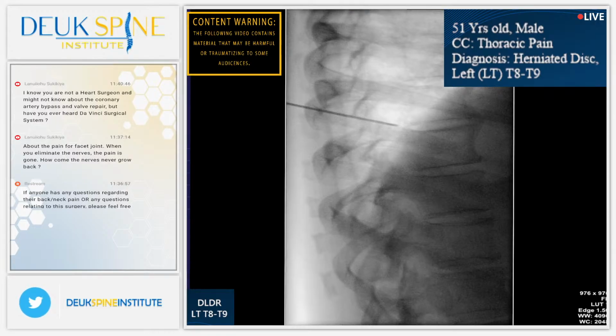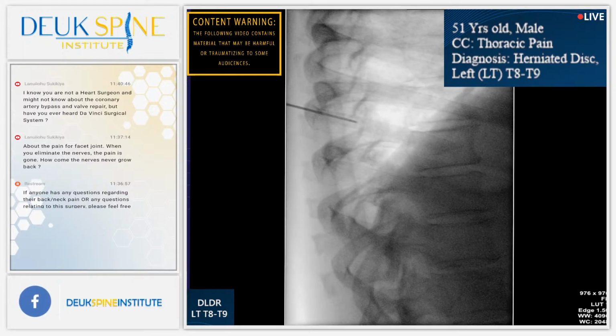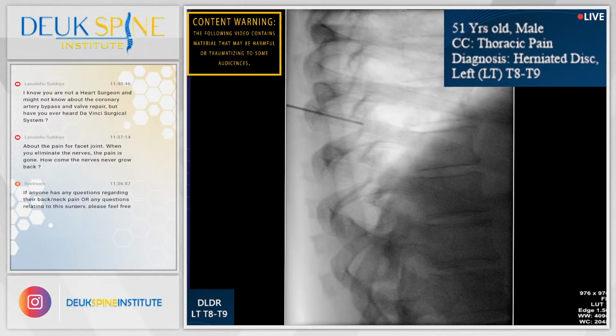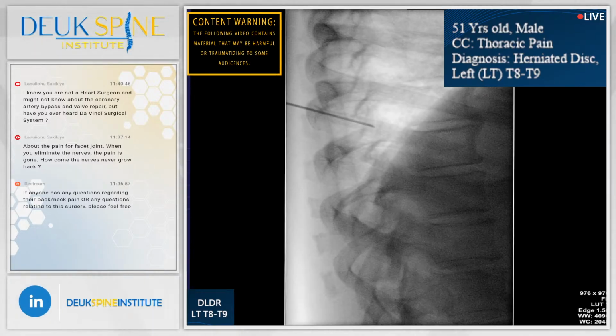I'm going to have to try a different entry point or trajectory. First start with a different trajectory, but I don't think this trajectory will work, but we'll try it since we're here. So I'm hitting bone again. Just cannot get it more medially.